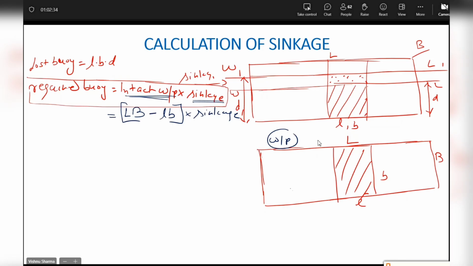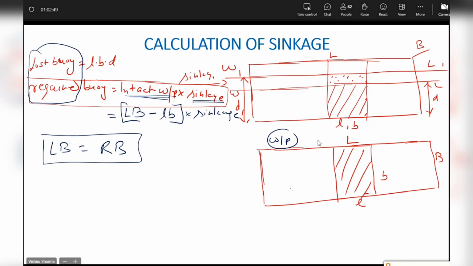Okay. So as per law of flotation, both these buoyancies have to be same. Whatever you lose, you have to regain that much. So as per law of flotation, lost buoyancy and regained buoyancy have to be same. What is your regained buoyancy? It's intact water plane multiplied by sinkage. What is your lost buoyancy?